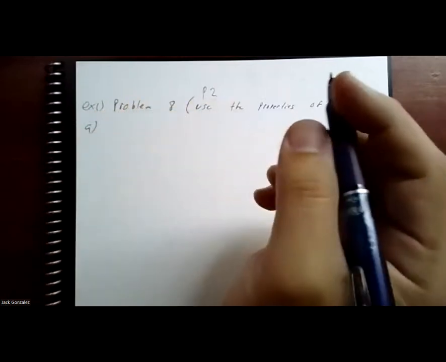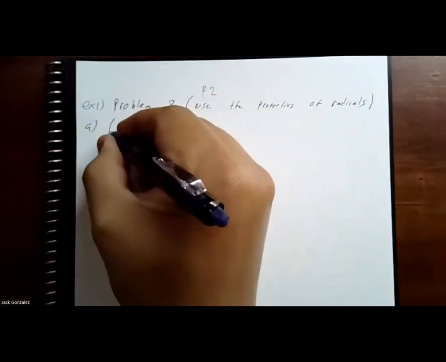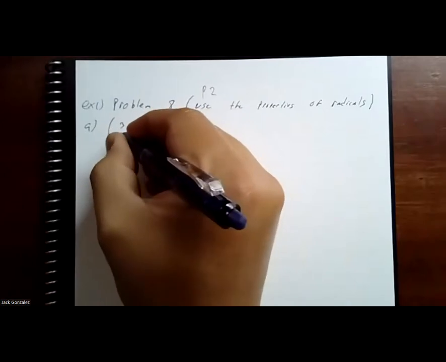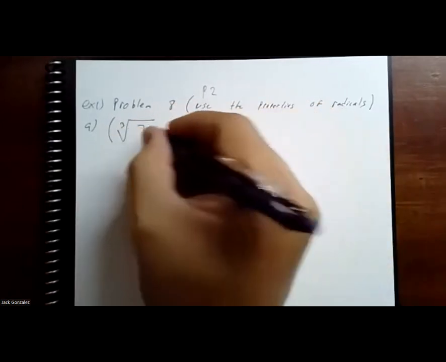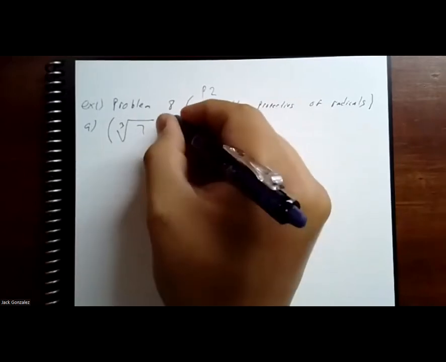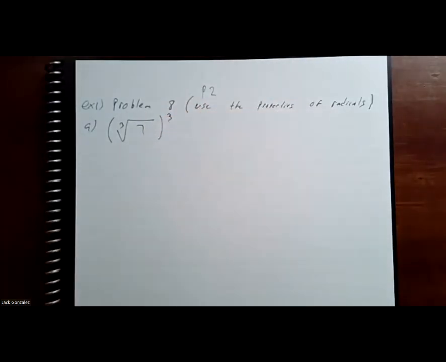Part A. Here, there's a couple properties you can use. They have a cube root raised to another power. They have a cube root of 7. Now, there's no way you can actually, yes. Sir, I think it's 6.